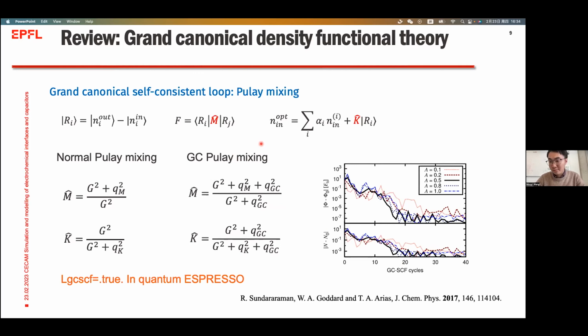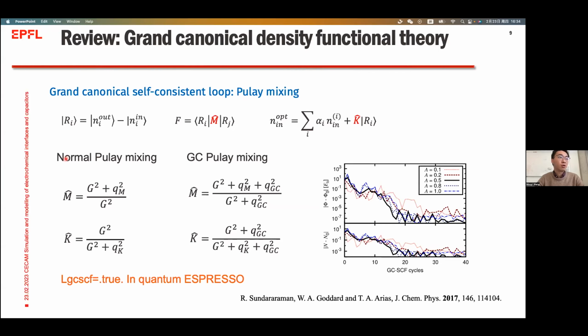For the self-consistent loop, we want the DFT calculation to simulate the grand canonical potential in a self-consistent way. So people can change the basic Pulay mixing in the DFT self-consistent loop.